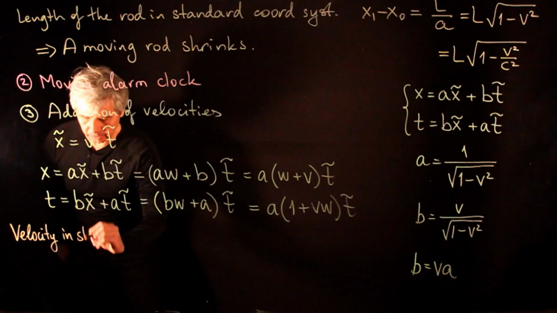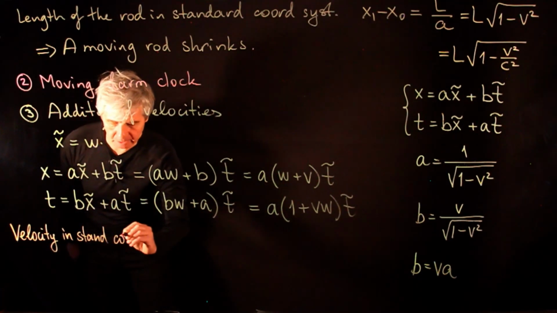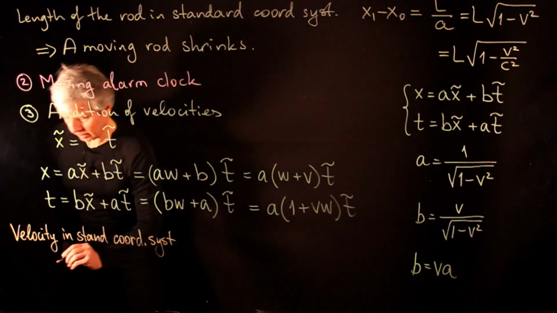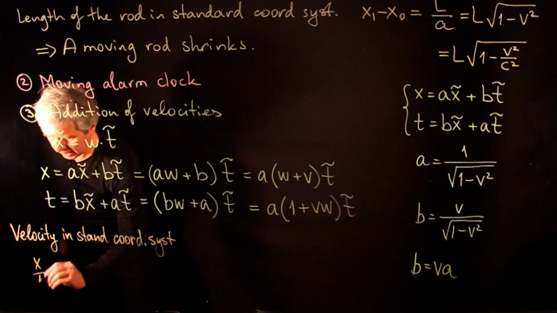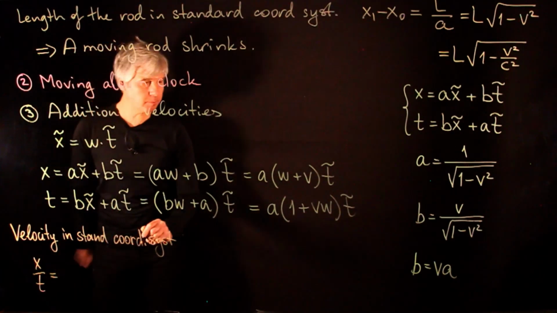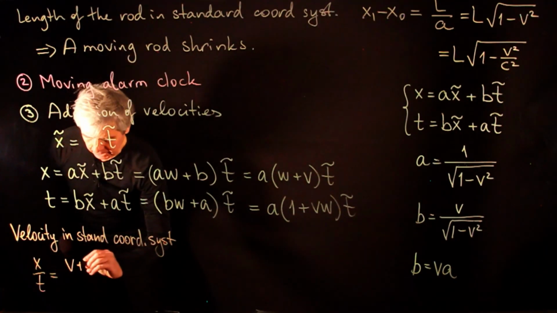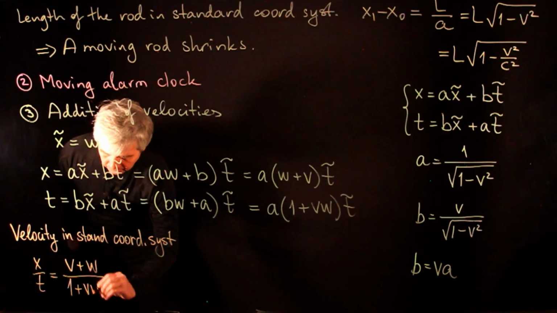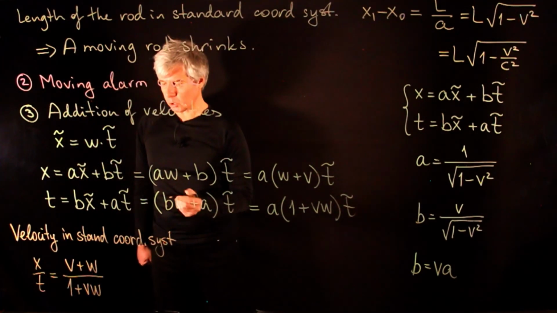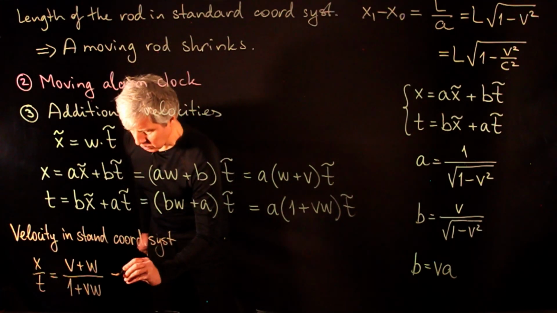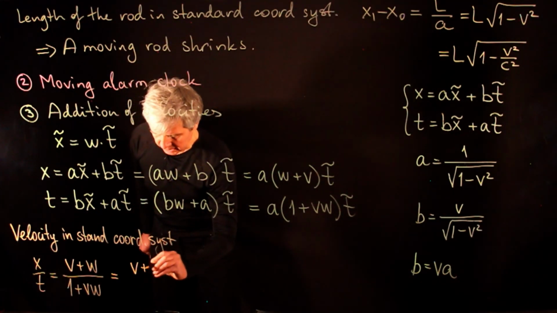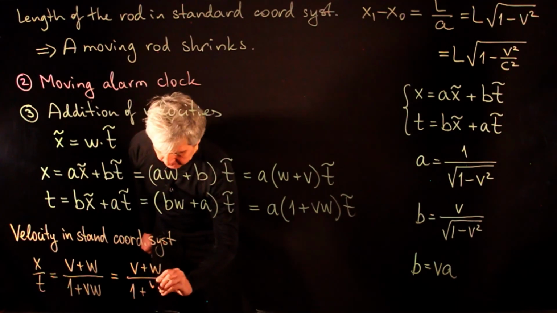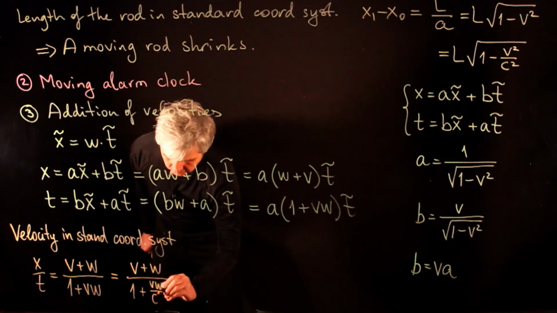And then the velocity in the standard coordinate system will be x divided by t, and it's given by the expression (v plus w) over (1 plus v times w). Or if we use units where the speed of light is not equal to 1, this is (v plus w) over (1 plus v times w over c squared).